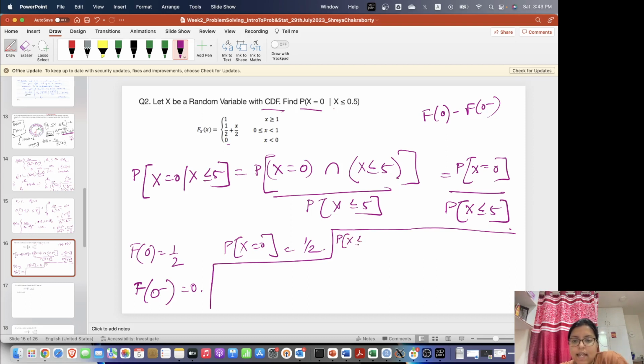Now probability x less than equal to 0.5 means probability x less than 1, plus probability 1 less than equal to x less than equal to 5.